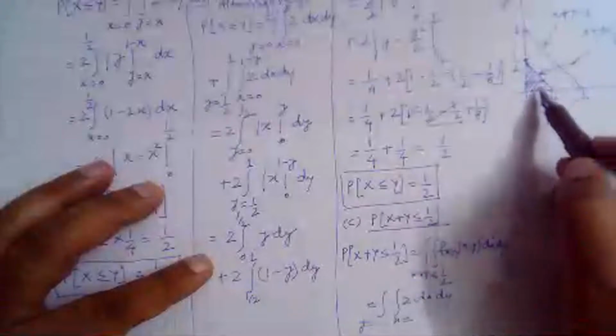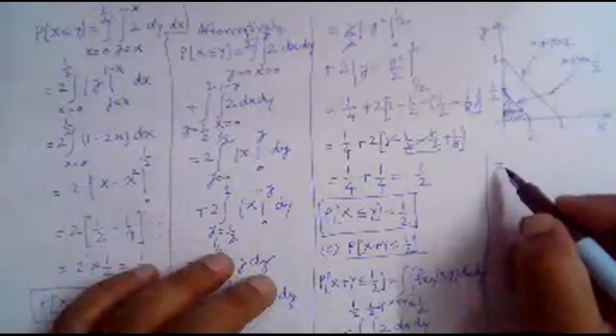And this line is x plus y is equal to 1 over 2. So this is x is equal to 0 and x is equal to 1 over 2 minus y. This is the upper limit, and y varies from 0 to 1 over 2.